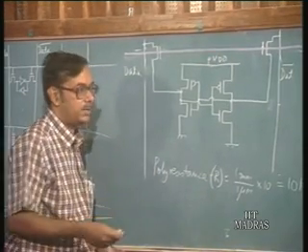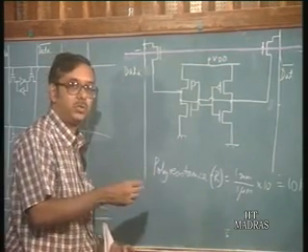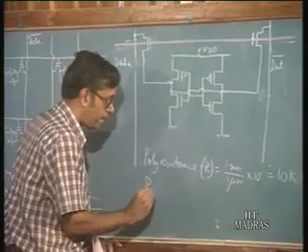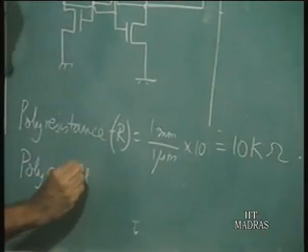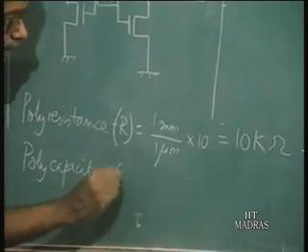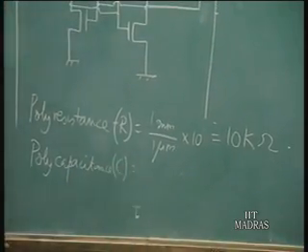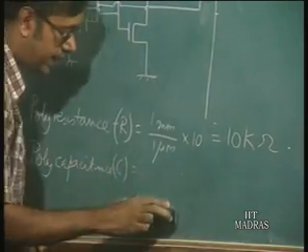So, the total poly capacitance C is partly due to the gate capacitance.